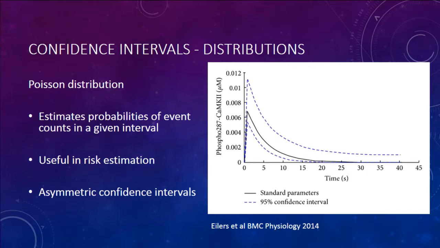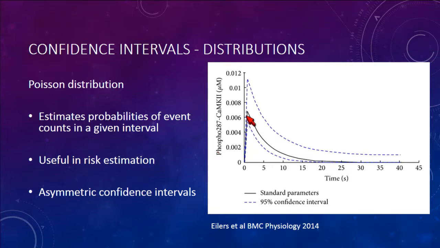So for example, if you had 12 lethal contrast events in your institution within a 10-year period, and you wanted to know the probability that in the next 10-year period you're only going to have 3, you could use the Poisson distribution to estimate that.